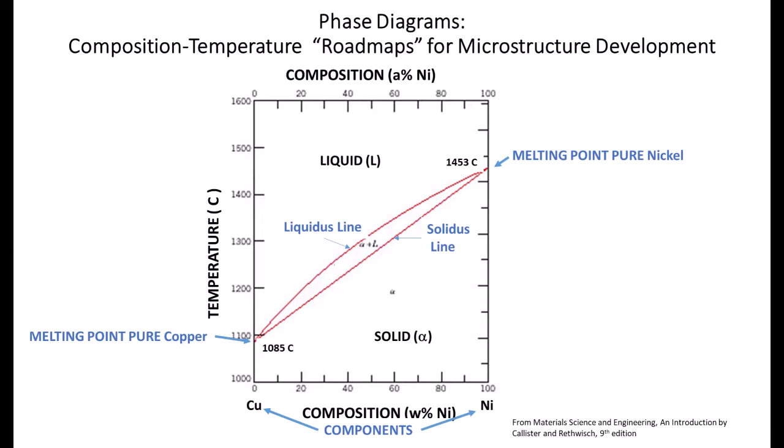But as you cool vertically through this section, the amount of solid continuously increases, and eventually when you hit the solidus curve, all the liquid is gone and 100% solid takes over. However, the transition from 100% liquid to 100% solid occurs over a range of temperatures, rather than at a single temperature the way it does for the pure elements.